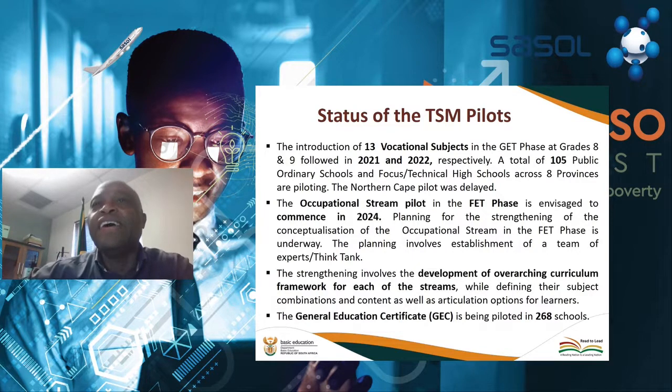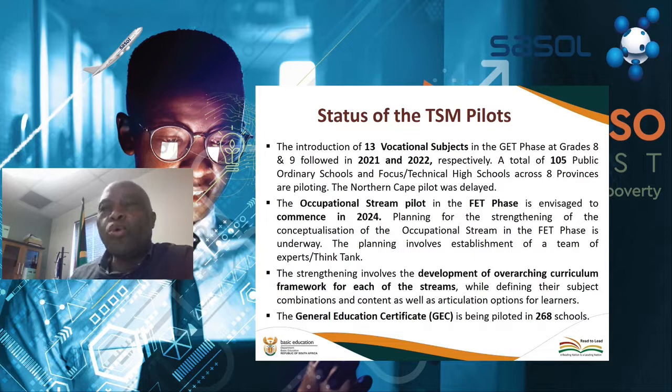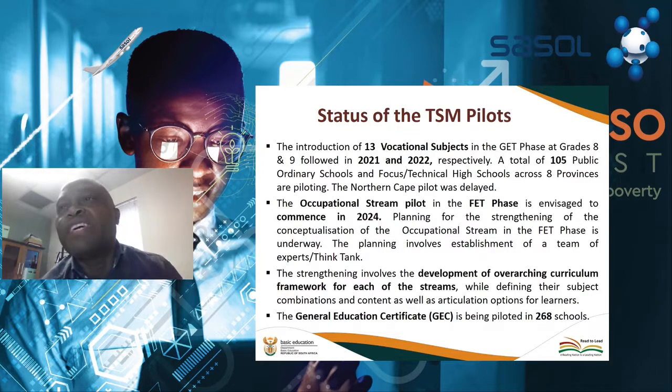The GEC, that is the General Education Certificate, is currently being piloted in 268 schools. What I need to inform conference is that we have reworked the General Education Certificate as presented in previous conferences.